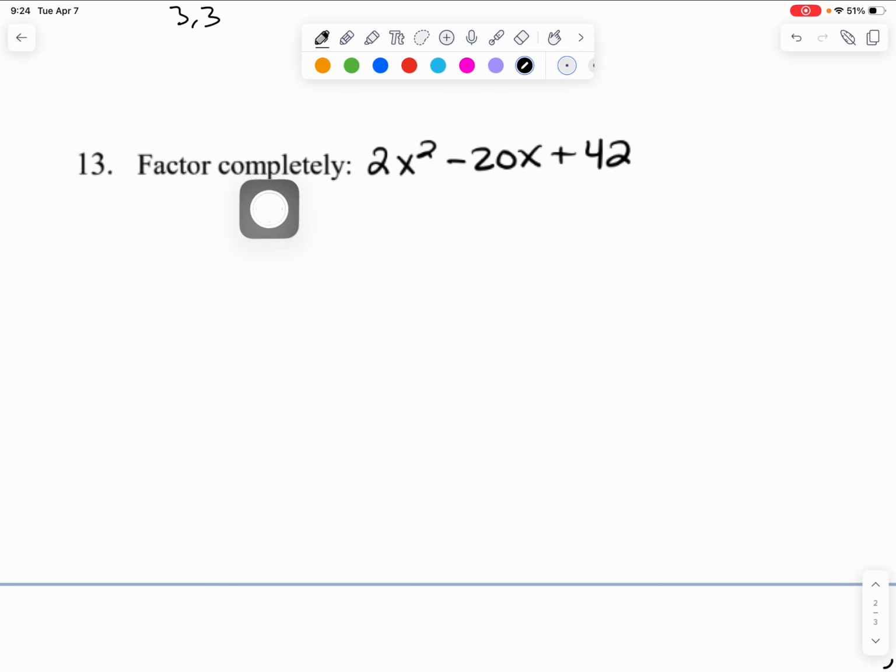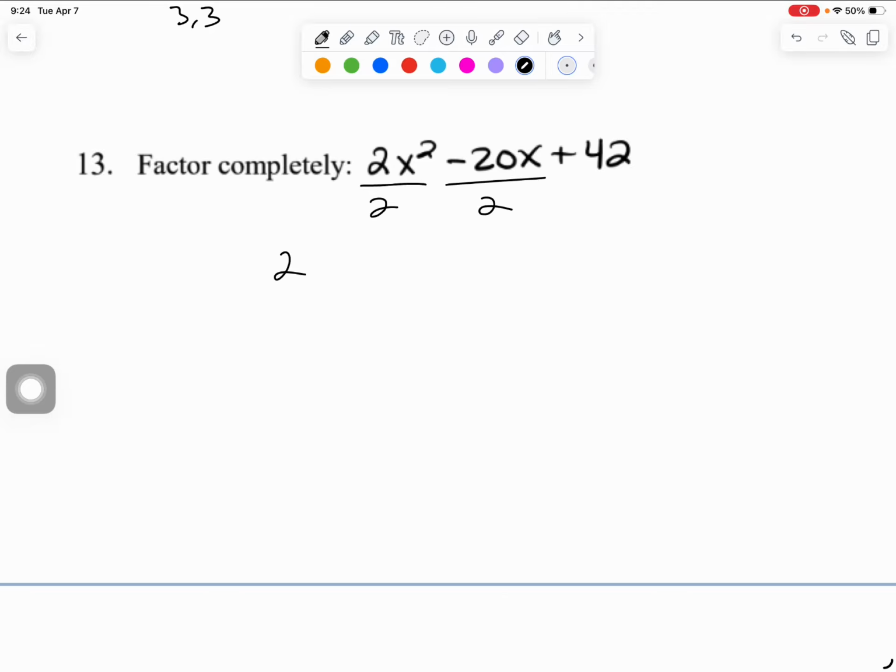13, factor completely. You can go 2 times 42 is 84. You can do the diamond method, or you can factor out a 2 from all of these. All right, it's your call. Whatever you're more comfortable with, go look at one of the other diamonds if you're more comfortable with that. I will use the 2 this time around. I don't know if I'll do it on the next one. We'll see.